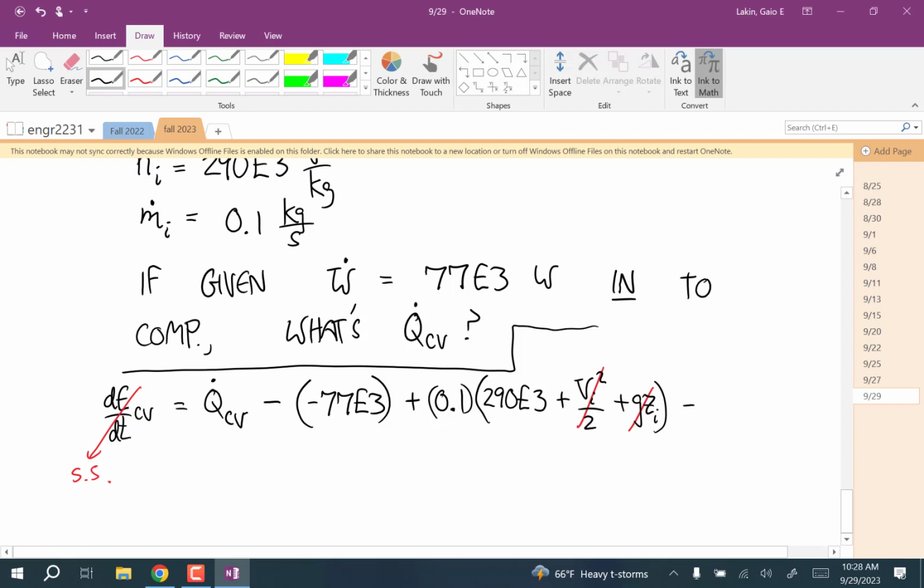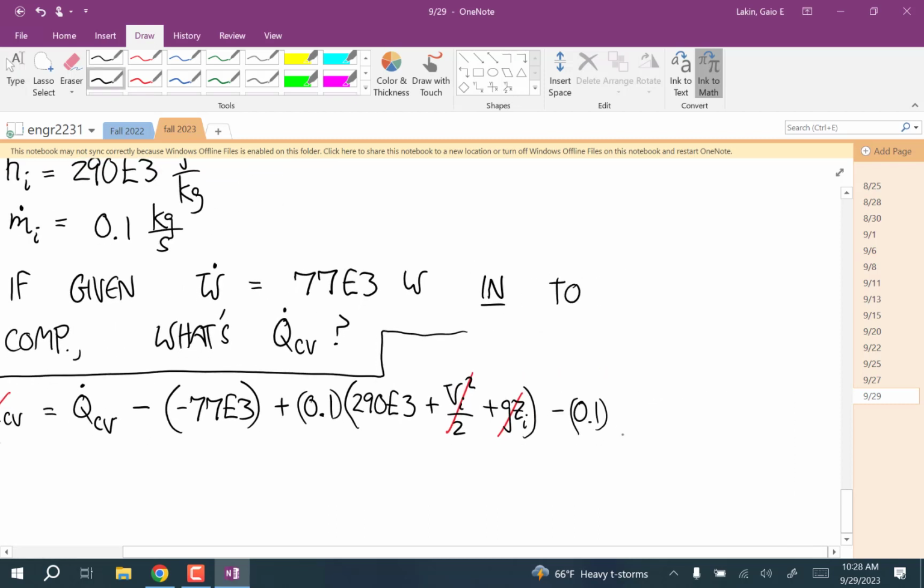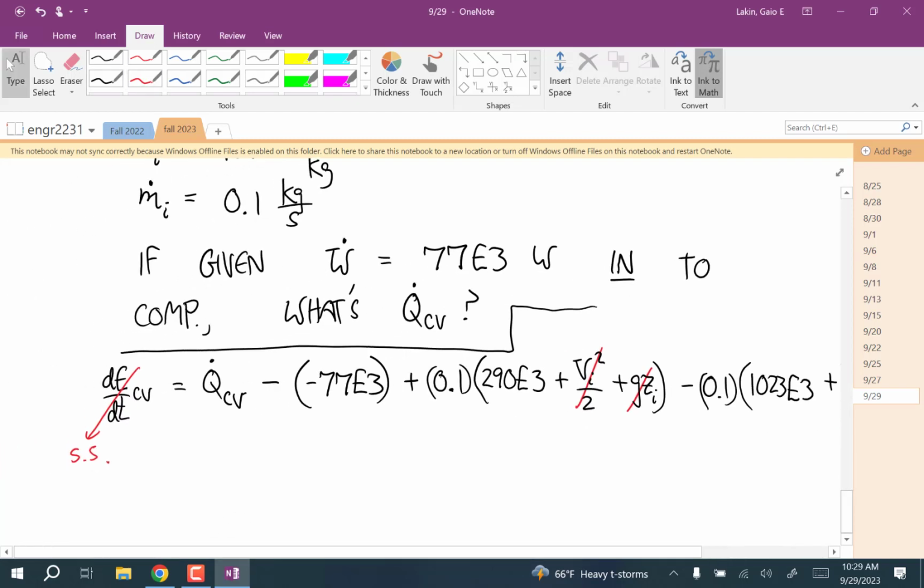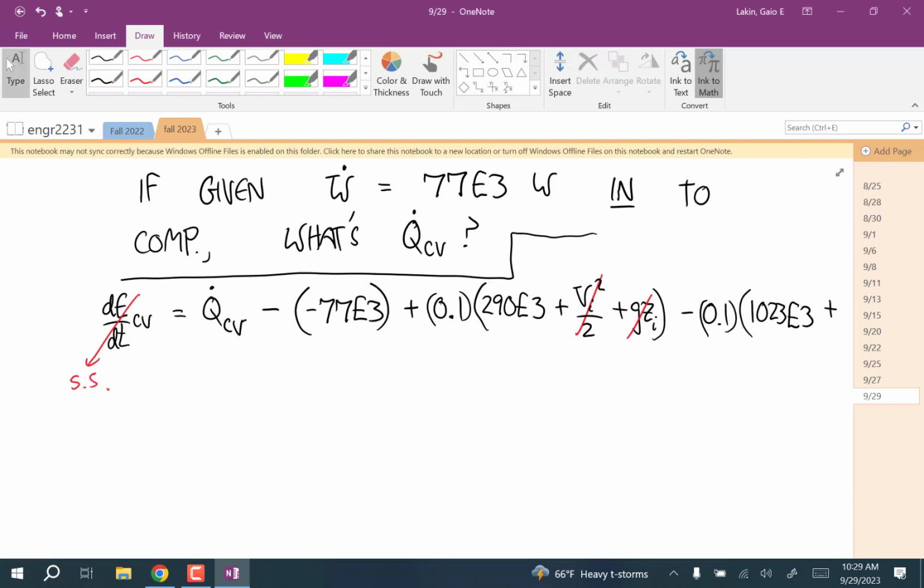And then we have minus 0.1 times the quantity: enthalpy at the exit is 1023 times 10 to the third. These two terms go away, and you're left with an equation that you can solve.